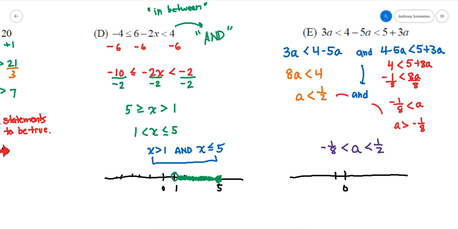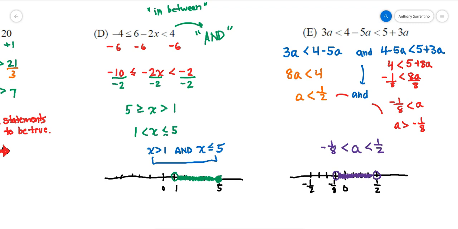Counting in eighths: 1/8, 2/8, 3/8, 4/8. A negative 1/8 would be here. And so if I graph this inequality, I would have an open circle here, an open circle here, and I would shade in between them.